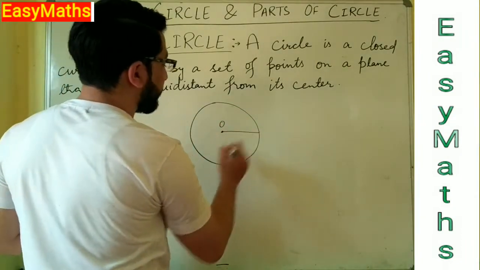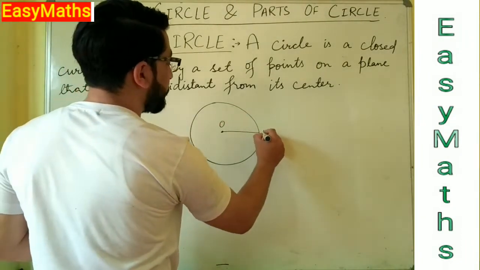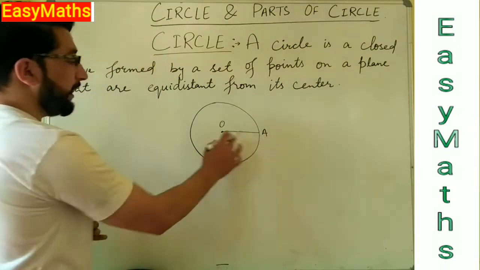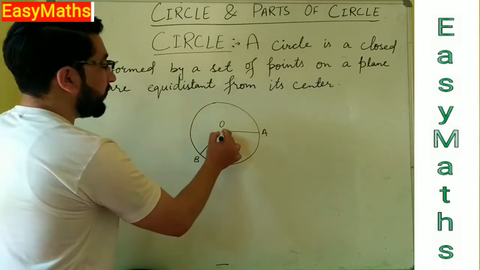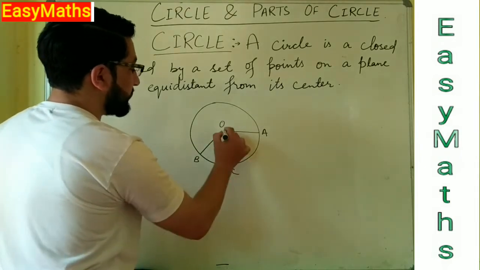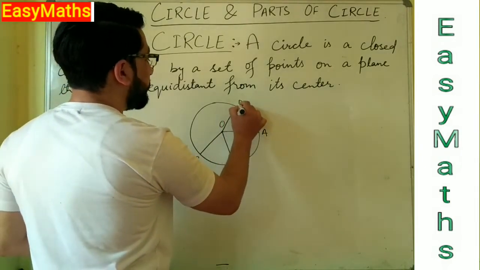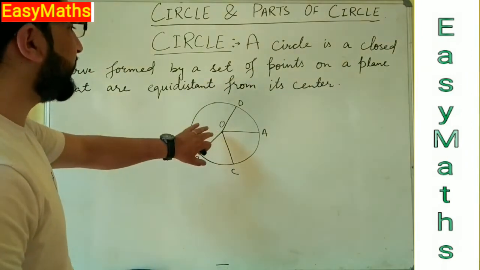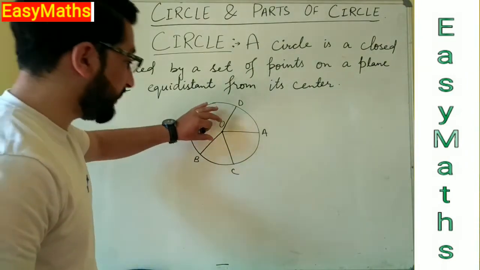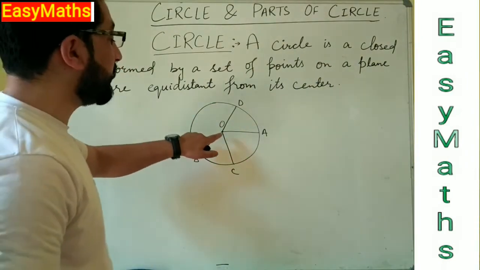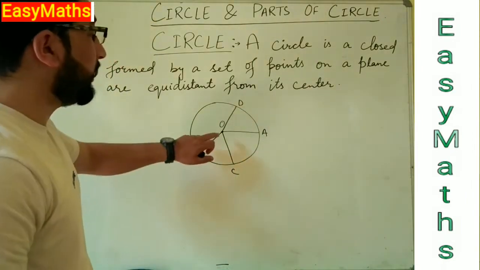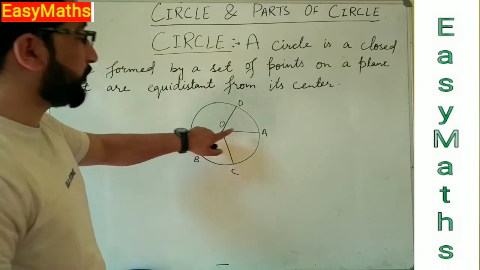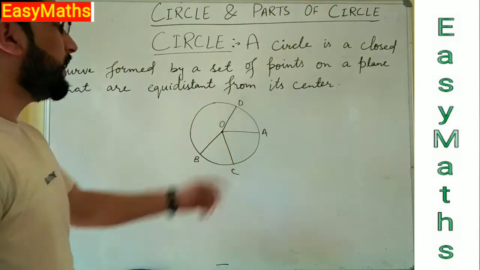Suppose we draw this line and name it OA. OA will be equal to OB, the same will be equal to OC, and the same will be equal to OD. That means all the lines drawn from the center to the boundary of the circle are equal.